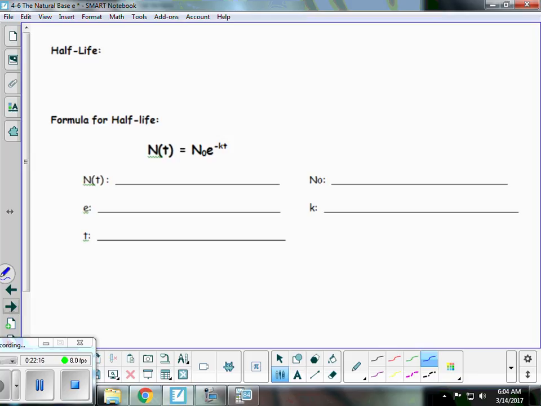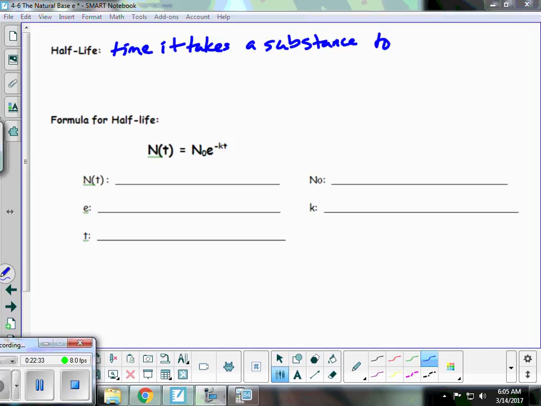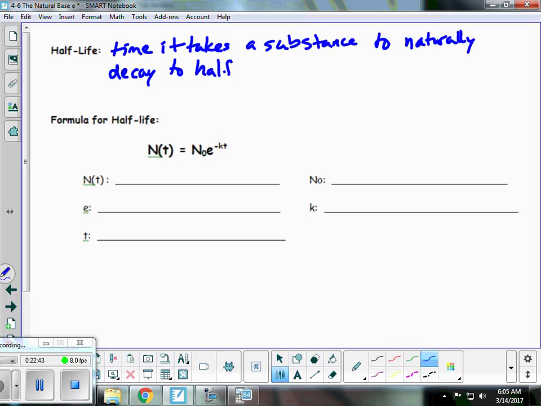But the half-life of a substance is the time it takes a substance to naturally decay to half of itself.